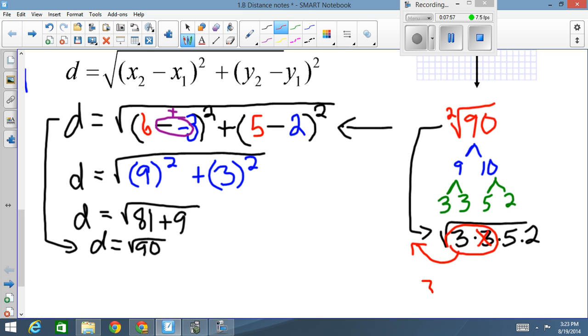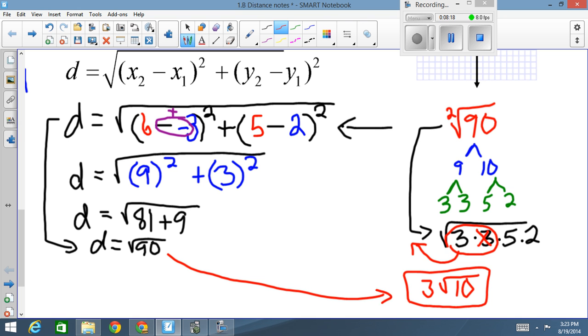So I have a 3 that made it out in front of the radical. The 5 and the 2 can't break out because I need 2 of the same number. So I don't have 2 5s, I don't have 2 2s. They're stuck underneath. It's basically just 5 times 2. So a 10 is underneath there. 3 radical 10 is the simplified version of the square root of 90.